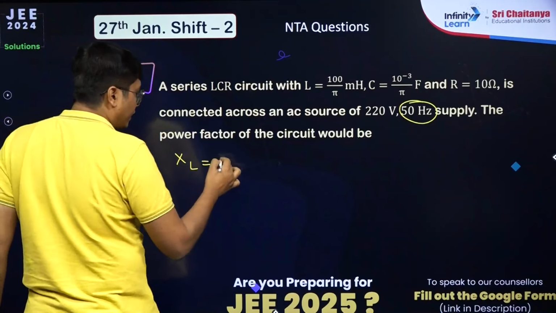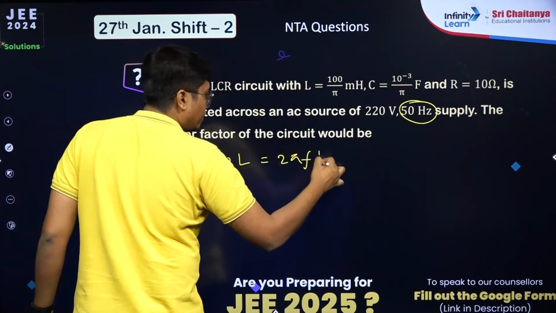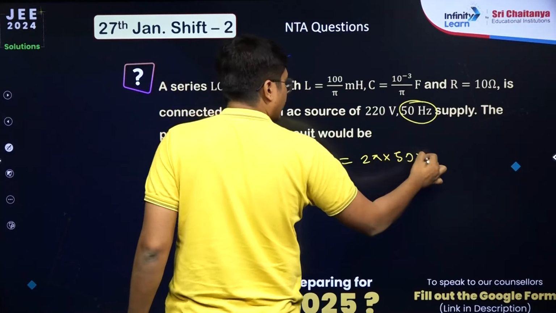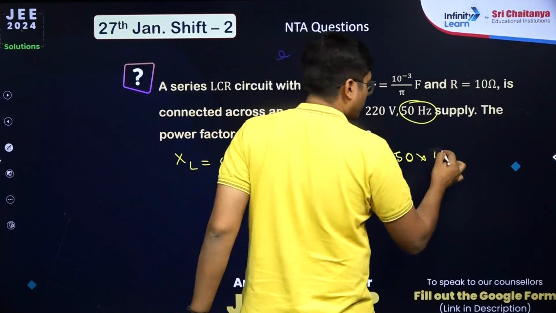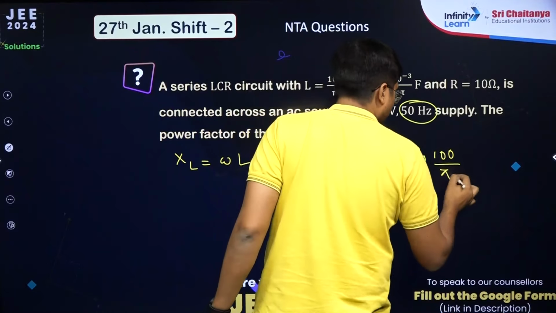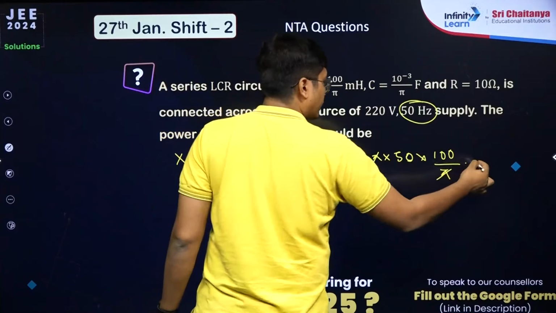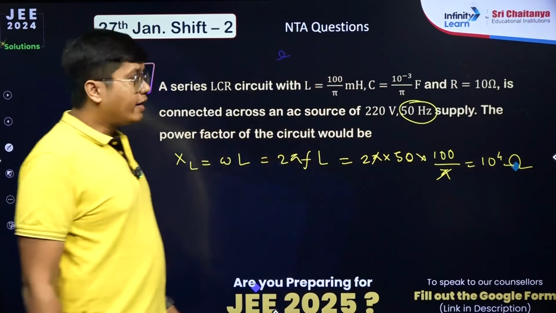Inductive reactance XL is equal to omega L, which is 2 pi f L, 2 pi into 50 into L, which is 100 by pi. Cancel this out. So it is 100 into 100, that is 10 to the power 4. That is the inductive reactance.